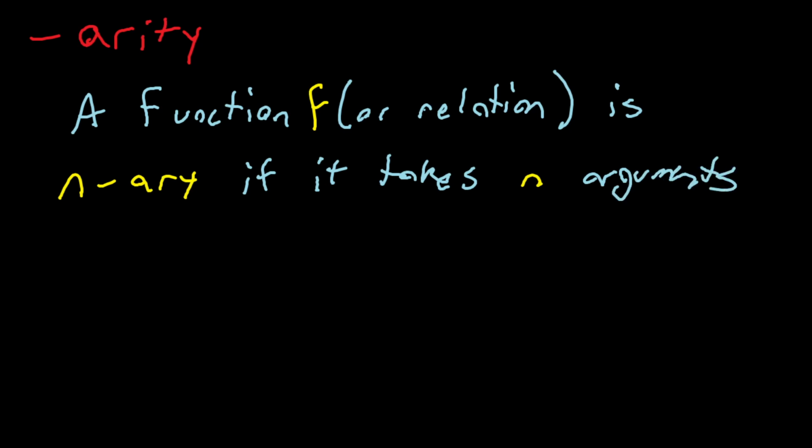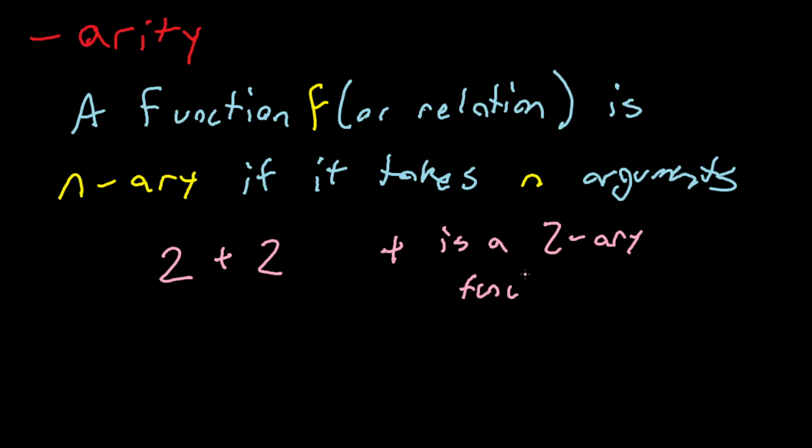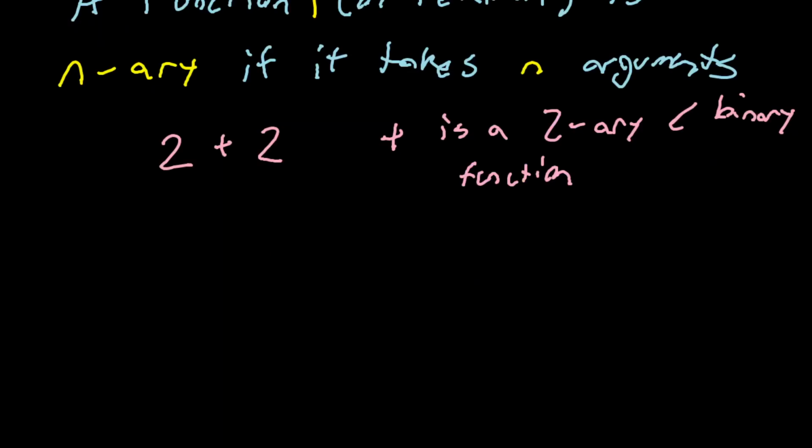So we are familiar with writing 2 plus 2 like this. But really, addition is a 2-ary function. And 2-ary is really binary, right? So it's a binary function. And in our syntax, maybe I will write this down too.